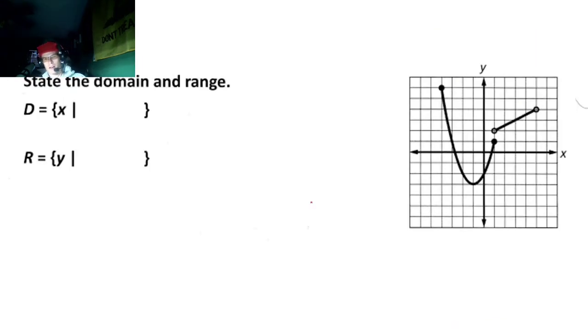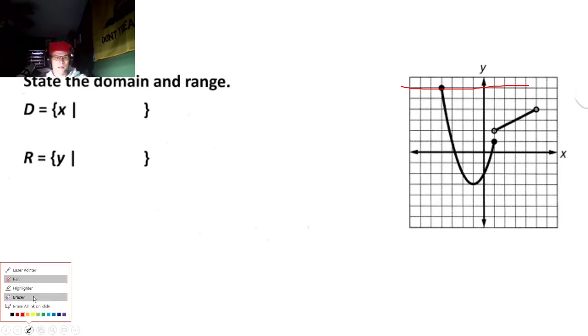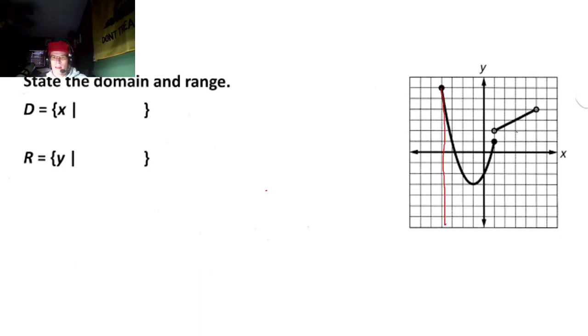Alright, so try and state the domain and range of this one real quick. Alright, so domain, so our domain is, oops, I need to erase that. Oopsie. Alright, so remember our domain starts here, ends here.